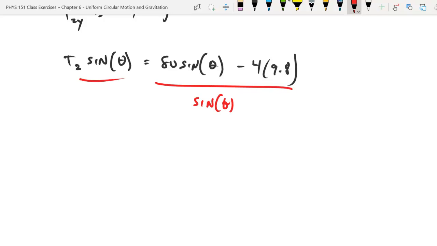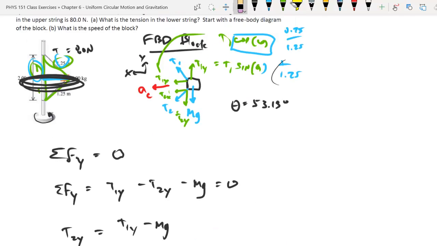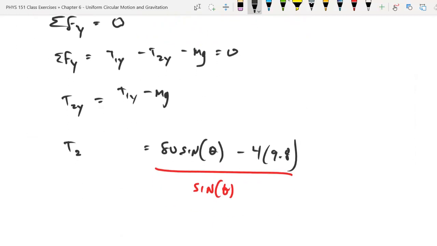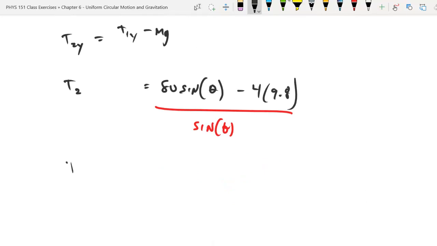When I divide this side over here, it just makes the sine of theta go away. So we have T2 is going to be 80 sine of theta minus 4 times 9.8 divided by sine of theta, where sine of theta is 1 over 1.25. Plug that in and calculate, or you can use the sine of 53.13, either way. But we end up here with T2 is equal to 31 newtons.